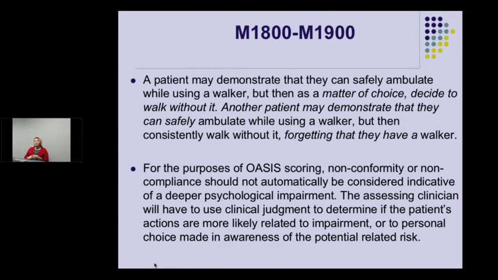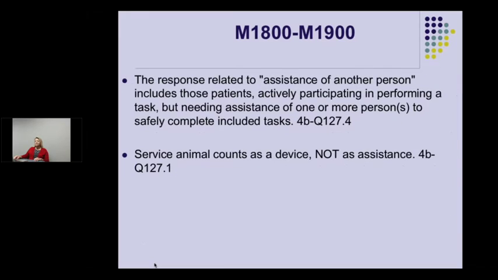For the purposes of OASIS scoring, nonconformity or noncompliance should not automatically be considered indicative of a deeper psychological impairment. The assessing clinician will have to use clinical judgment to determine if the patient's actions are more likely related to impairment or a personal choice made in awareness of the potential related risks.